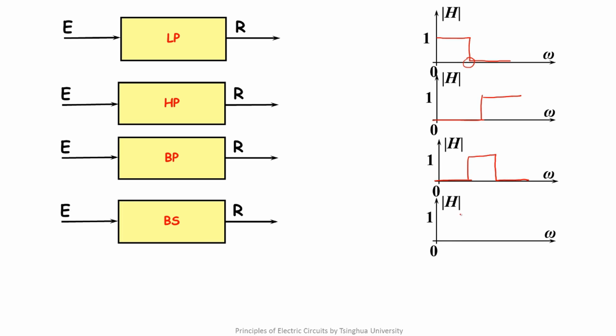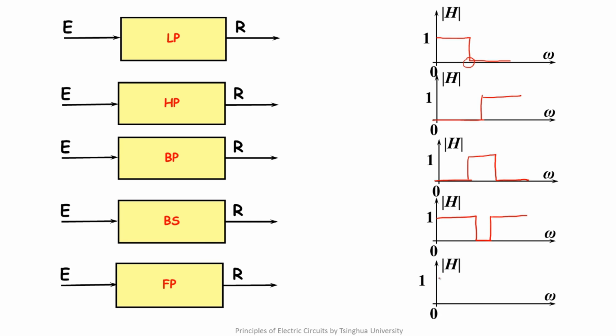The so-called band stop filter is in turn. That is, some frequency band signal is attenuated and the rest can pass. The so-called full pass filter refers that all frequency signal can pass with no attenuation. You might ask, why do we need a full pass filter?